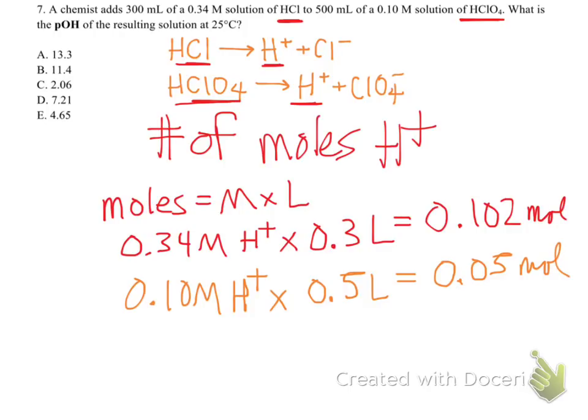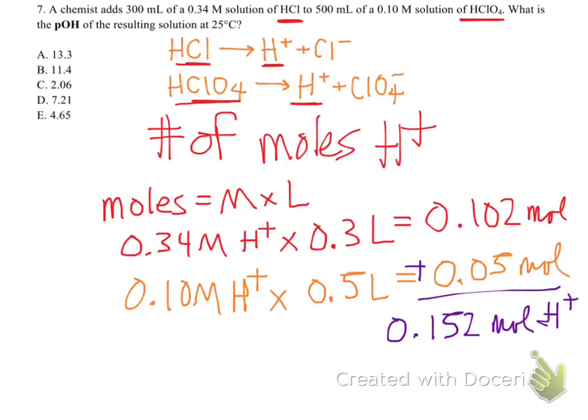Now, we want to know the total moles. So all we have to do is add these two values together, and we'll end up getting 0.152 mole of H+ total. It's a funky looking H.